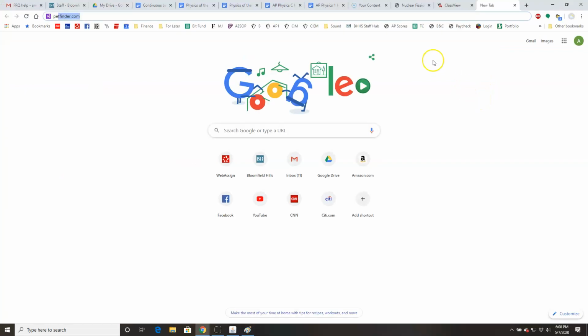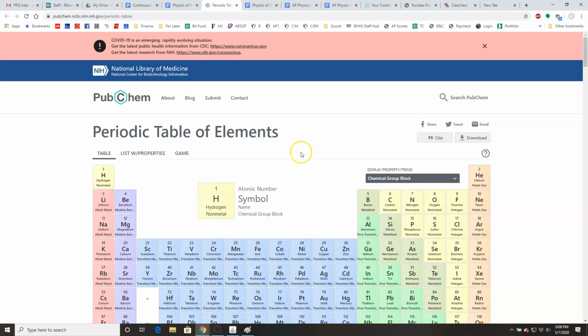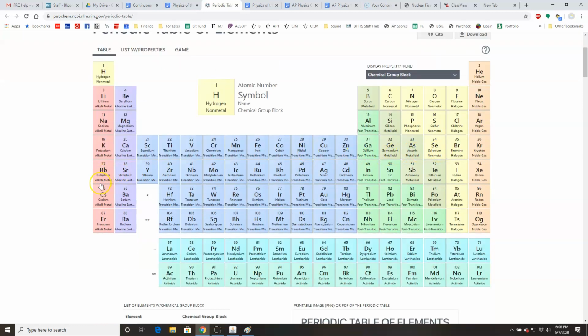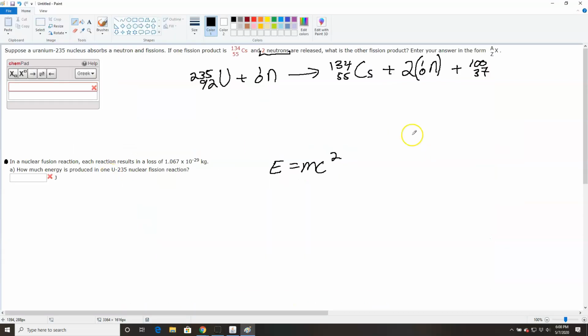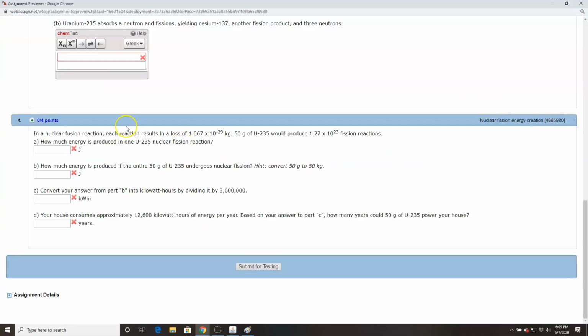So let's go to the periodic table. Of course, I don't have it up. The 37th element is right here, rubidium, Rb. So we'll come back. We'll type in Rb. All right, let's take a look and make sure that that works in WebAssign. 137 Rb.